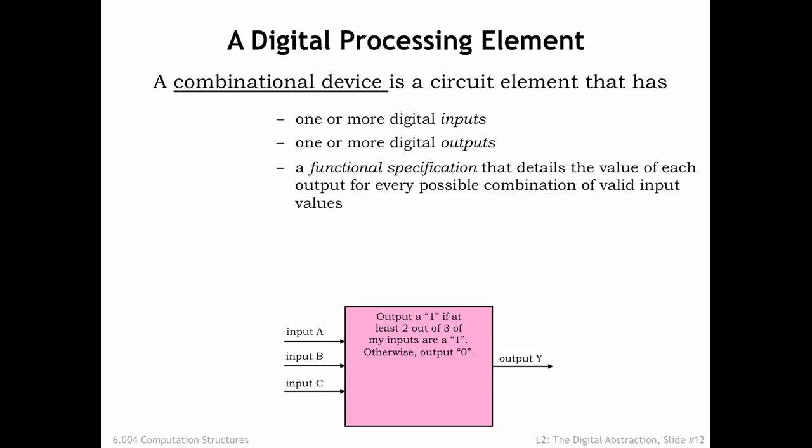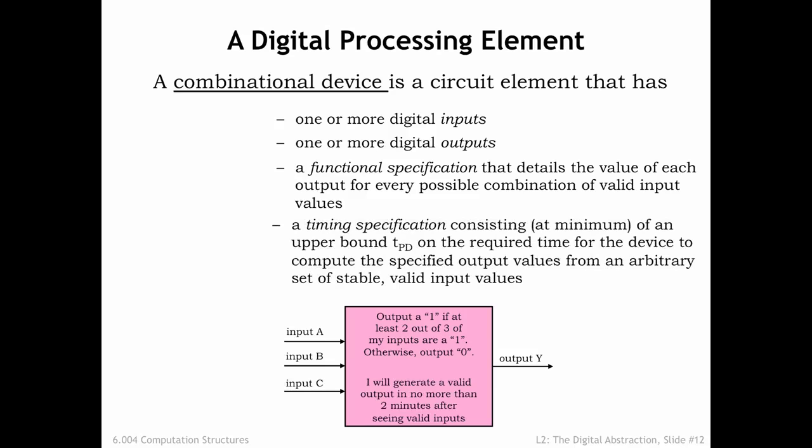In the example, the device has 3 digital inputs, and since each input can take on one of 2 digital values, there are 2 times 2 times 2, or 8 possible input configurations. So the functional specification simply has to tell us the value of the output y when the inputs are 0, 0, 0, and the output when the inputs are 0, 0, 1, and so on for all 8 input patterns. A simple table with 8 rows would do the trick.